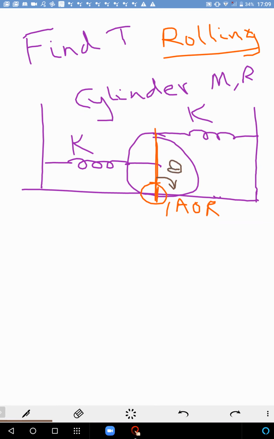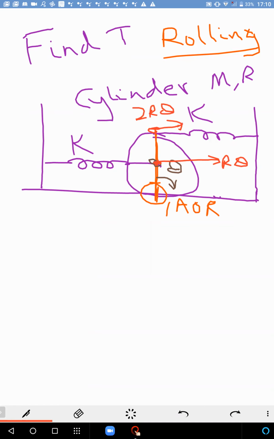Because of this rotation, this point has moved by, the radius is r, so this has moved by r theta, and this point has moved by 2r theta.